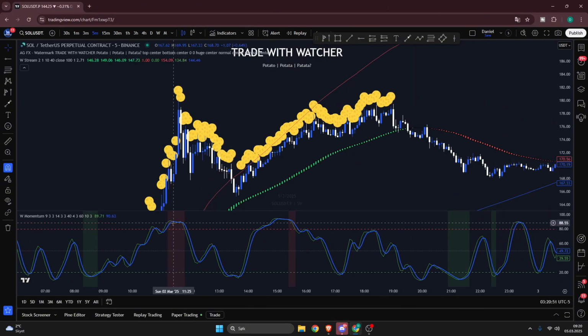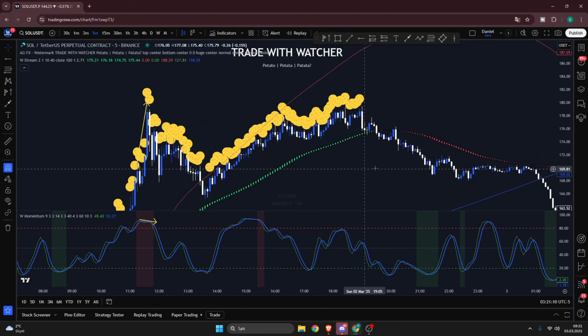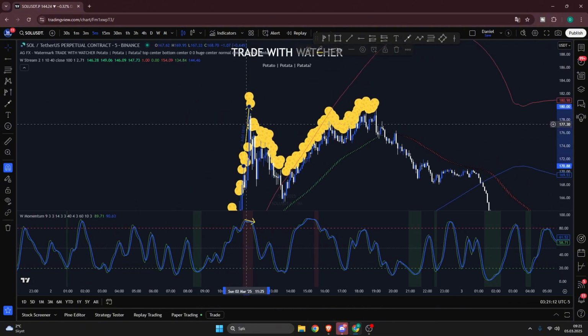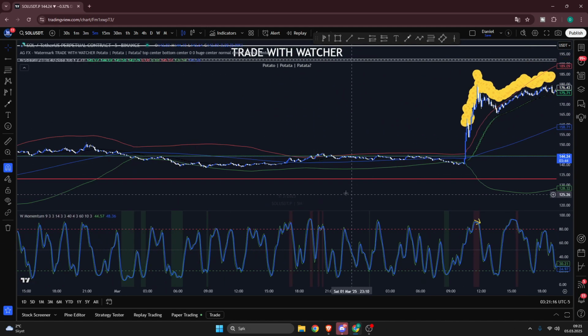You can see that barely, but price is making a higher high right here, right? This is actually not making a higher high, this is making a lower high right here. It means that the market is starting to move to the downside in here, and you can take that short. That's basically how this works with the rockets and moons, if you don't want to do the DCA strategy.